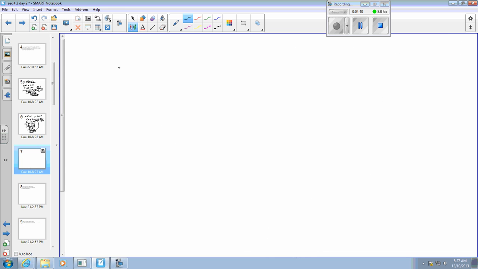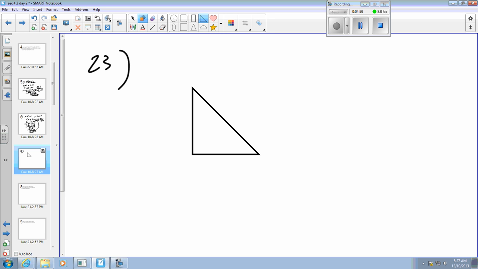The next one we're going to do is question 23. Question 23 says the perimeter of a triangle is 93. So let's draw ourselves a triangle. And it says that the perimeter of this thing is 93 centimeters. It says two sides are equally long, so let's call those x. And then the third side is 9 centimeters longer than the others. So if it's 9 centimeters longer, I'm going to say x plus 9.